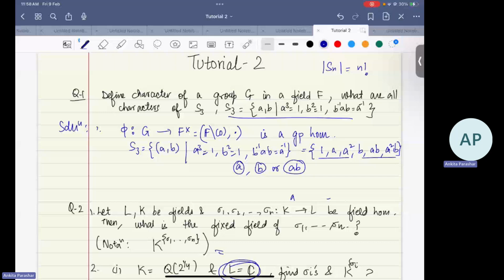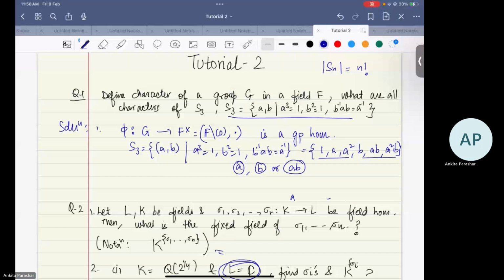Okay. Now let me write it down. I'll just remove this part. So let S be sigma 1, sigma 2, sigma 3, sigma 4, and we want to know K_S, that is, alpha in Q(2 power 1 by 4) such that sigma i of alpha is equal to sigma j of alpha for i, j from 1 to 4.